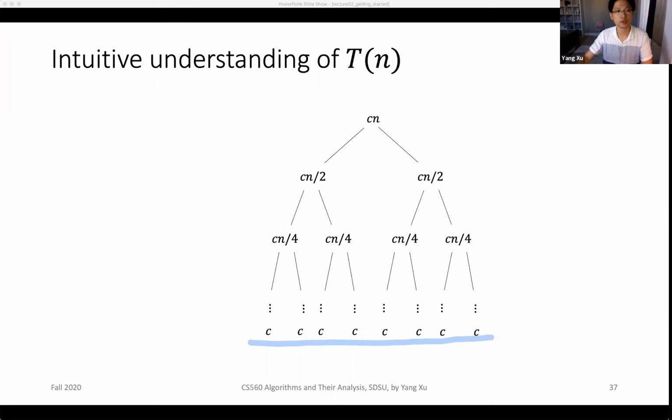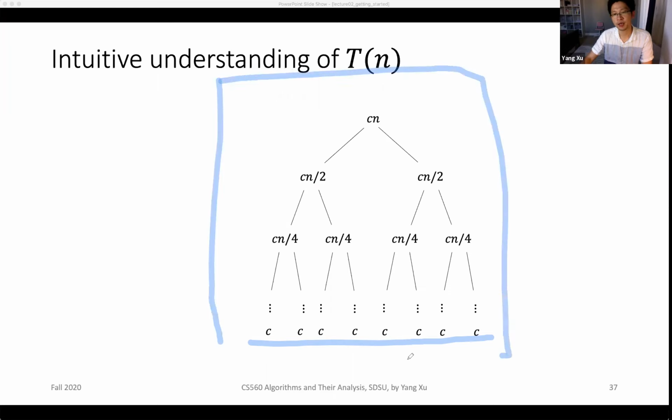Now everything in this tree plot, if we add it up together, will be the total cost of solving the original problem.